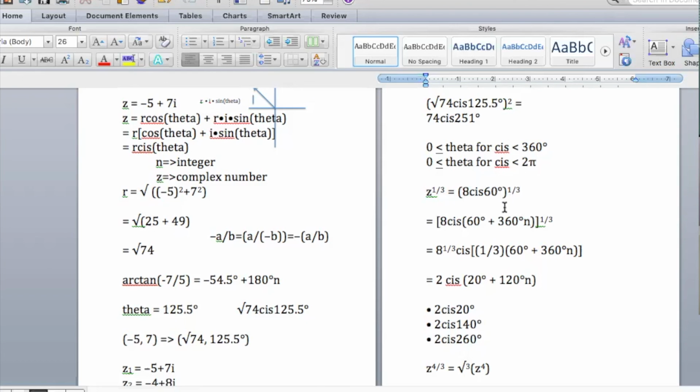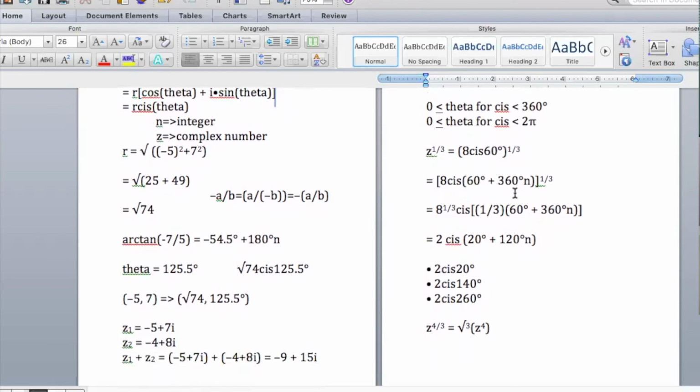But since the power is fractional, I need to remember that this is 60 degrees plus 360 degrees n, because 60 degrees is coterminal. You're going to get the same thing every time you spin around 360 degrees.